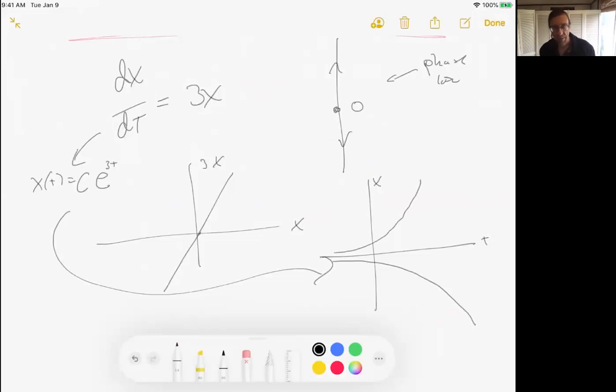Okay, and the slope of this line tells us how fast these solutions are increasing or decreasing. Right, the slope of this line is 3, and this solution is something like e to the 3t. So the slope here tells us how fast we're moving away from the origin there.